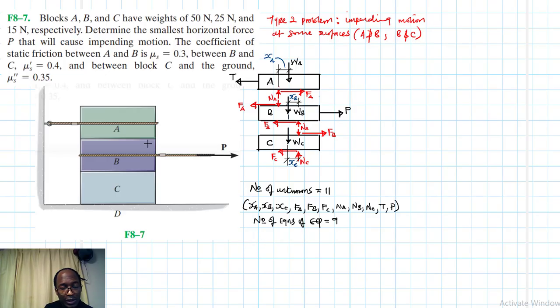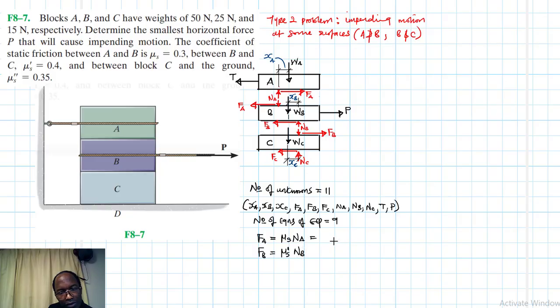So we'll say since motion is between A and B and C, we expect FA, we expect some impending motion there. So this is going to be equal to mu S NA, and then we'll have also FB, which is equal to mu S prime NB.